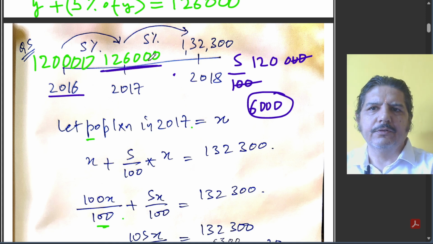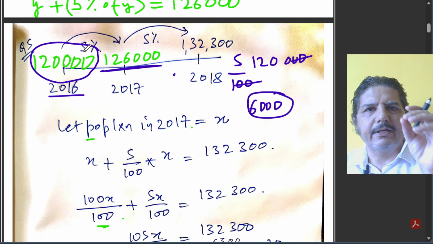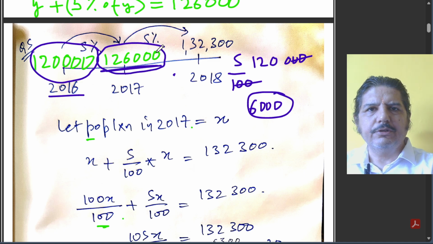Hope this is making sense. So that is why 1,20,000, you increase 5%, it becomes 1,26,000. Now in this 1,26,000, you add 5% again. How will you do that?